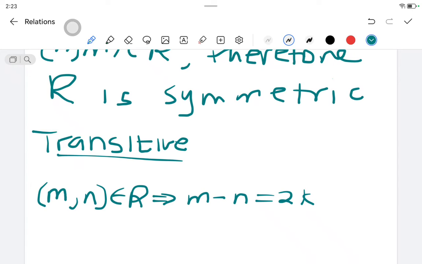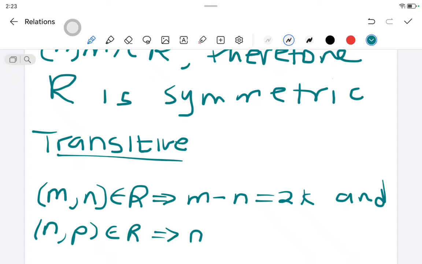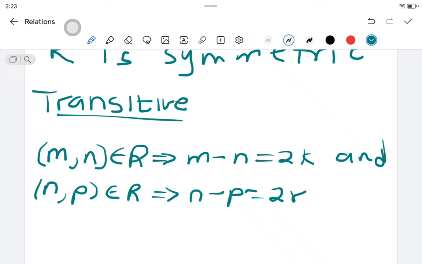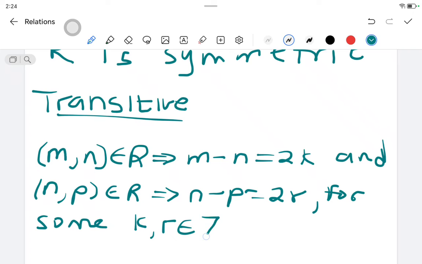This is the original definition. And (n, p) an element of R implies that n − p will be equal to 2r, for some k and r elements of the integers. These are integers, k and r.